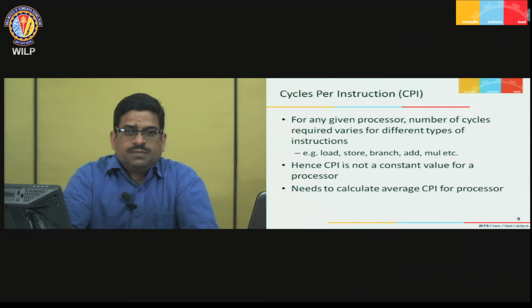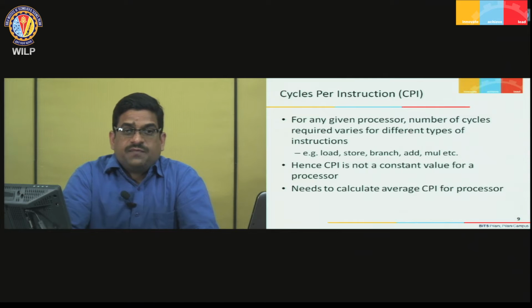As I mentioned in the previous slide, a load instruction takes a different number of cycles compared to the add instruction. If I assume that in the add instruction the operands are available in the register, in that case a load may take more time because the memory access is involved in that.